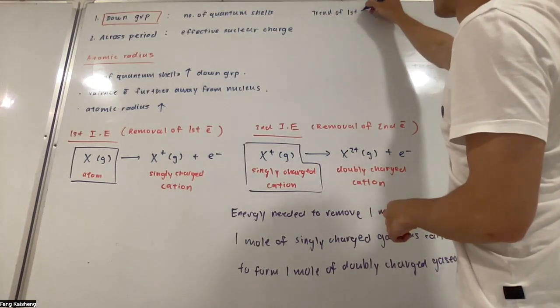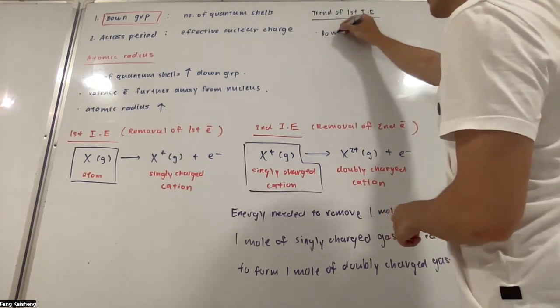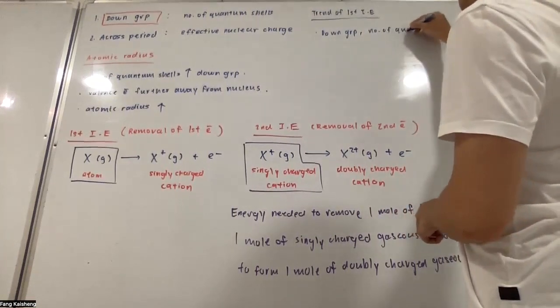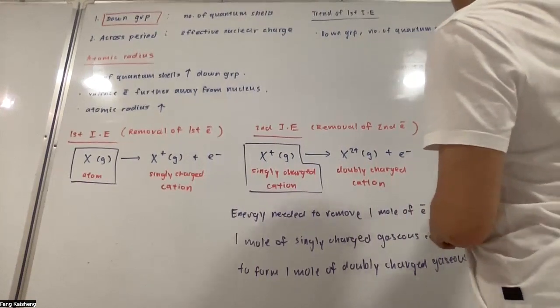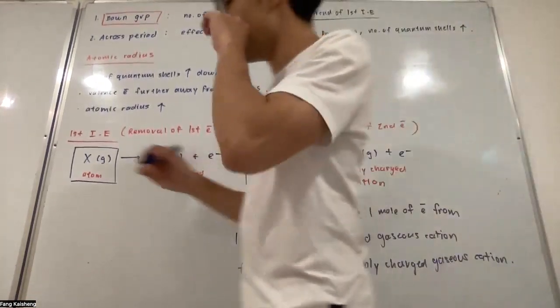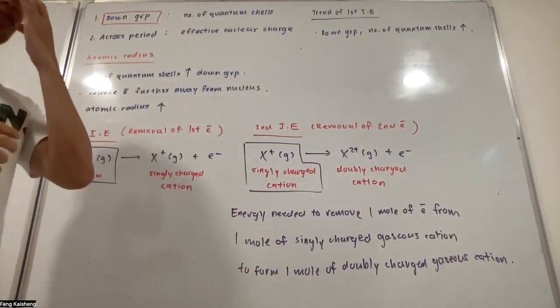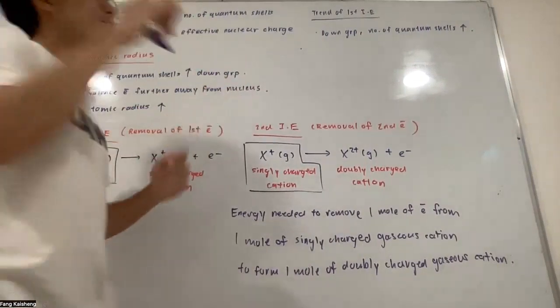Okay, good. So you must first mention down the group, your number of quantum shells will increase. Good. Okay, so if the number of quantum shells increase, then you can imagine it goes further away from the nucleus, right?